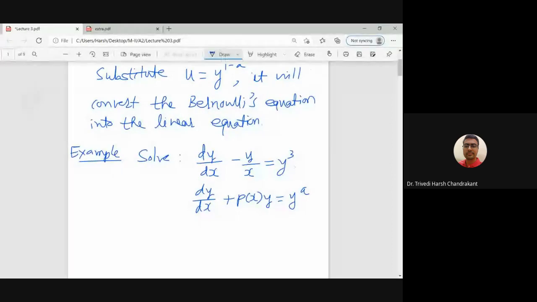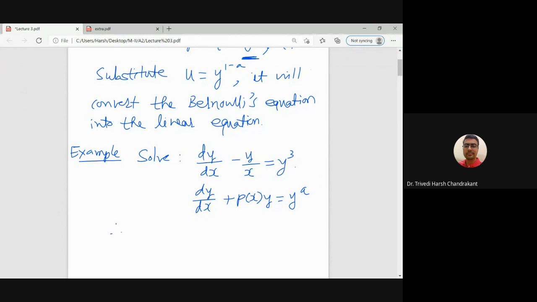So this is the differential equation. To solve it, we can see that here y^a is y^3, that means a = 3, right?